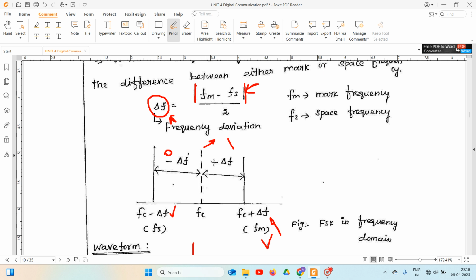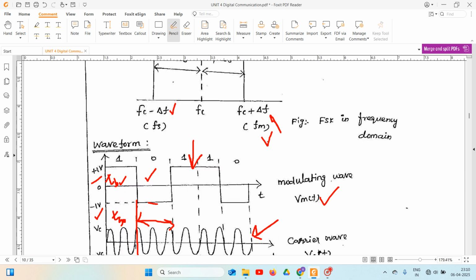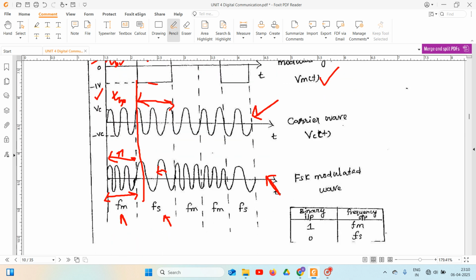If the center frequency is shifted minus delta F, that is the space frequency, right? That is what we have represented in the figure. This is my mark frequency, that is my center frequency. My carrier frequency is shifted plus delta F. And here this is the space frequency, my center frequency or carrier frequency shifted minus delta F.